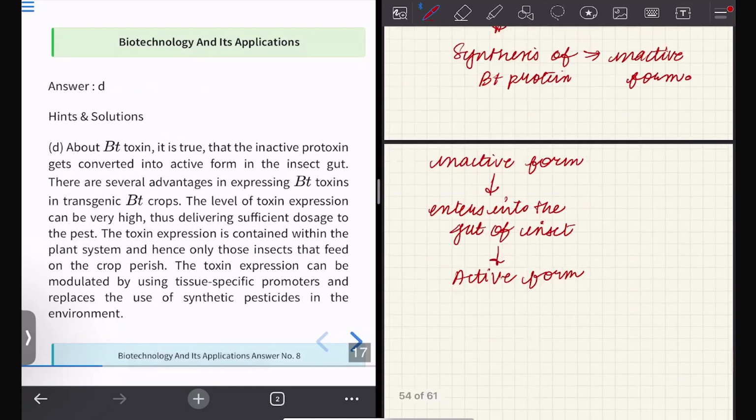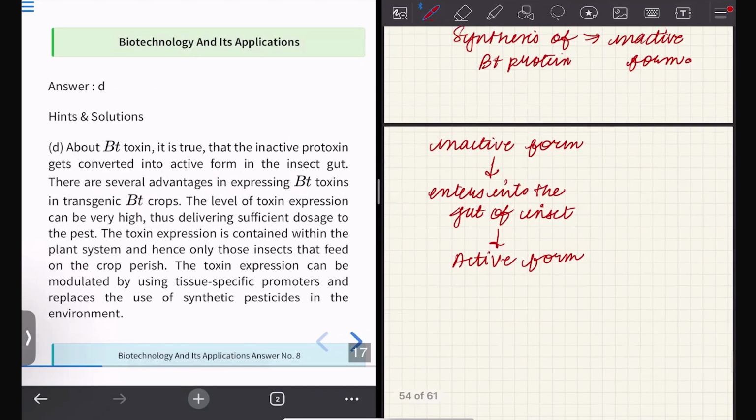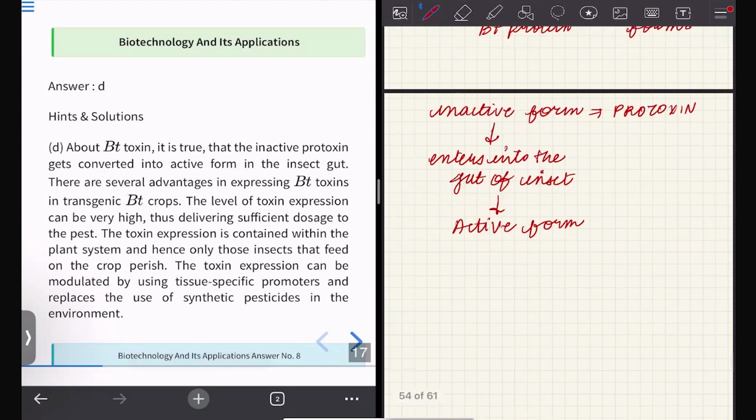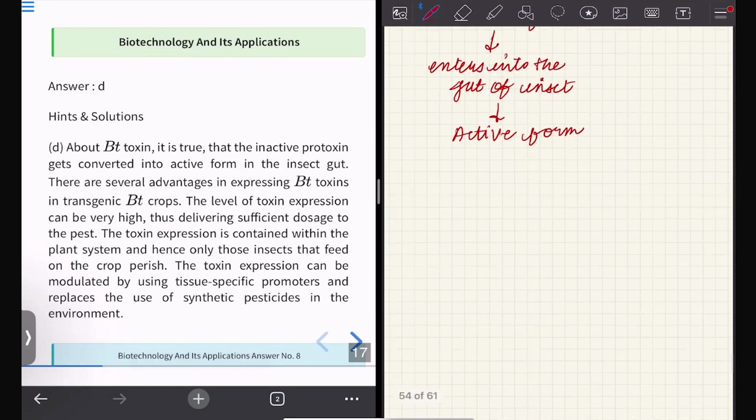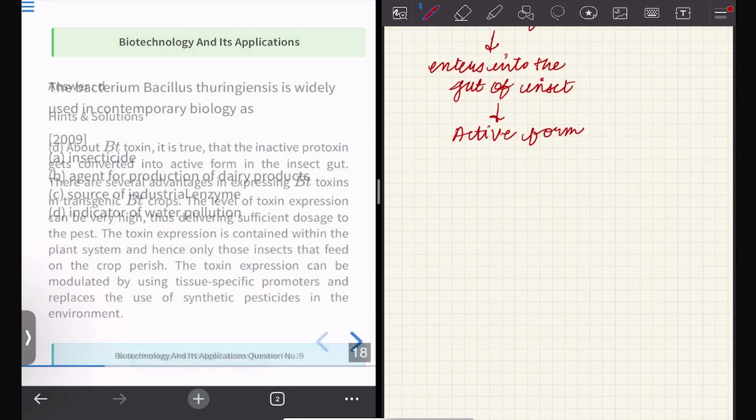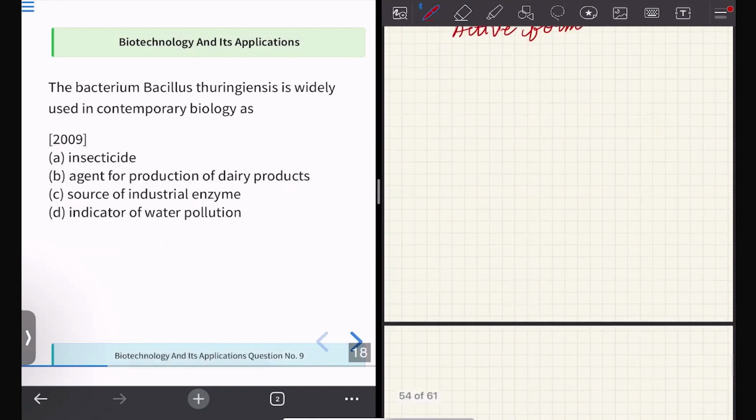So inactive form is known as protoxin, and it gets converted into its active form in the insect gut. There are several advantages in expressing Bt toxin in transgenic crops. The high level of toxin can be very high, so it can make that particular plant resistant to the insects. Okay. Moving on to the next one, we have question number 9.